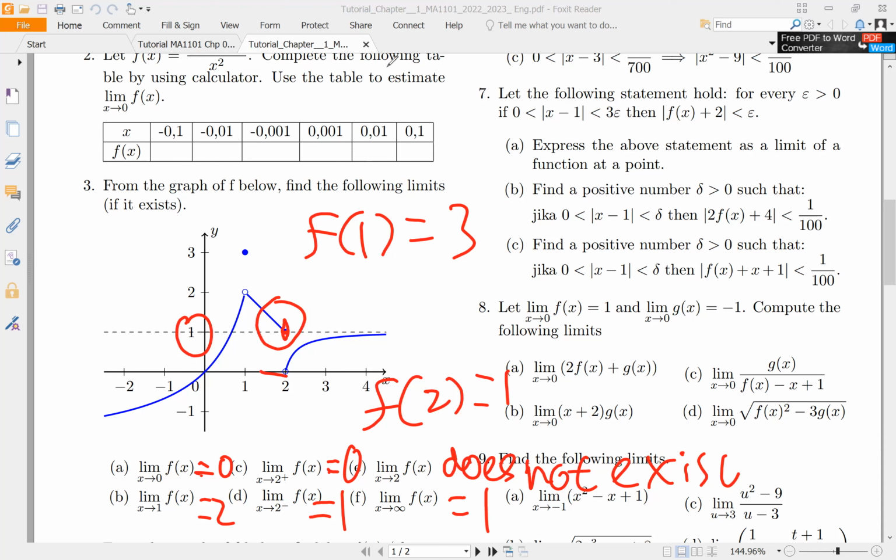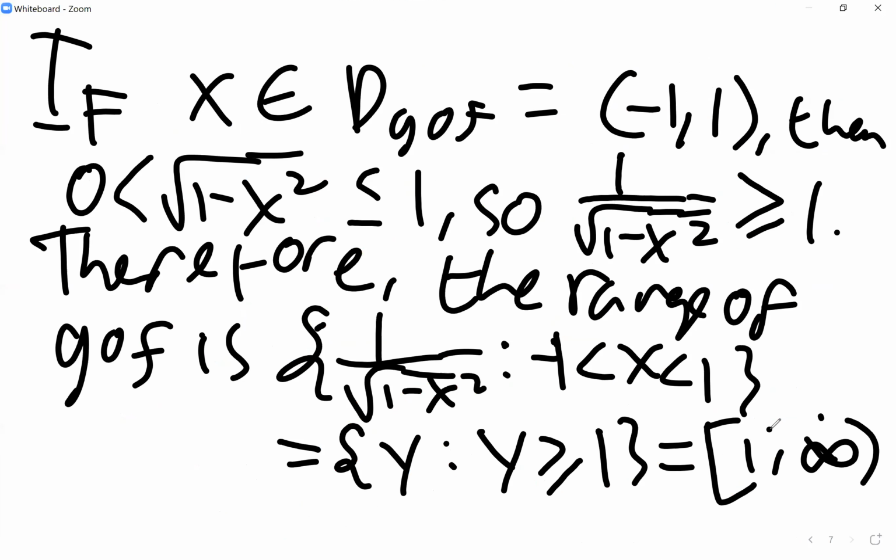All right, now, I will summarize about the limits.